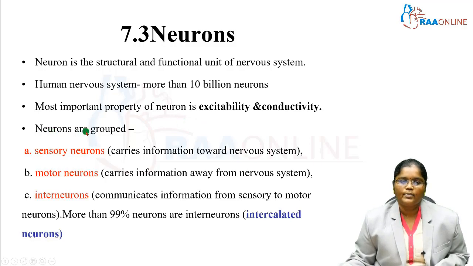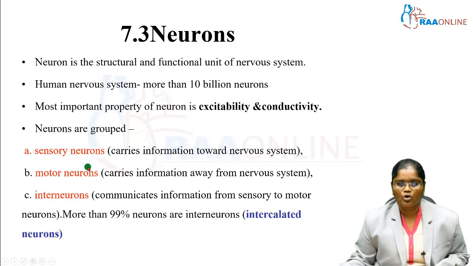The neurons can be grouped based on function as sensory neurons, motor neurons and interneurons. This is one type of classification of neurons. Sensory neurons are those which carry information towards the nervous system.